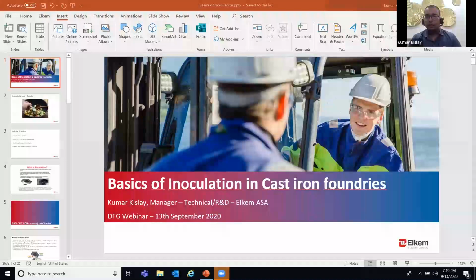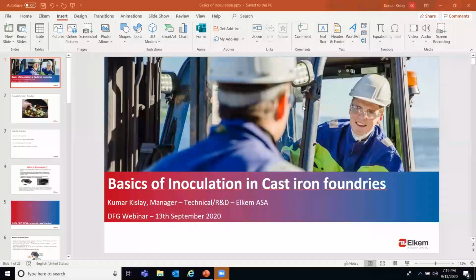I'll put it on screen share. Yes, now it is visible. Can you see the screen? Yes.